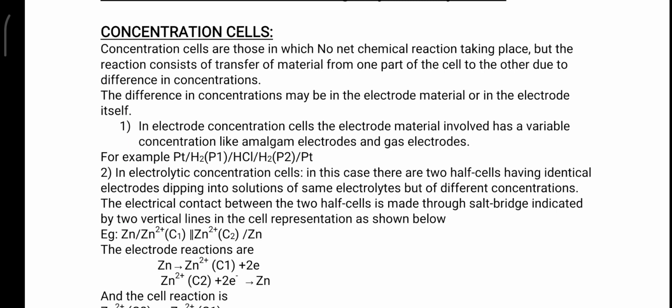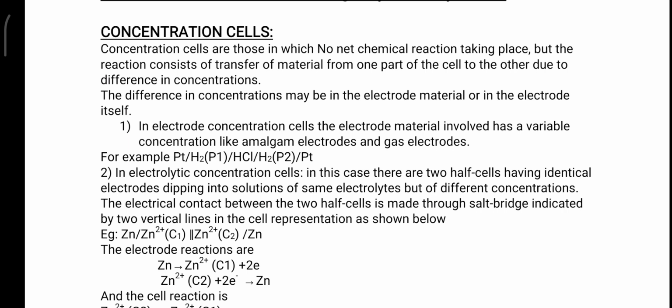The first half cell of the hydrogen electrode is set up by bubbling hydrogen gas at P1 pressure, atmospheric pressure, in contact with hydrochloric acid solution. And in the second half cell, the same hydrogen electrode can be set up just by bubbling hydrogen gas at P2 pressure.